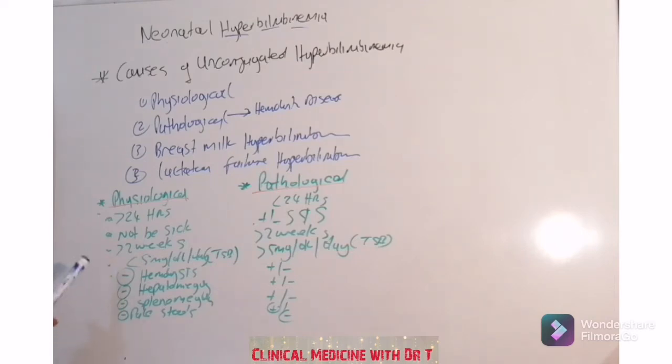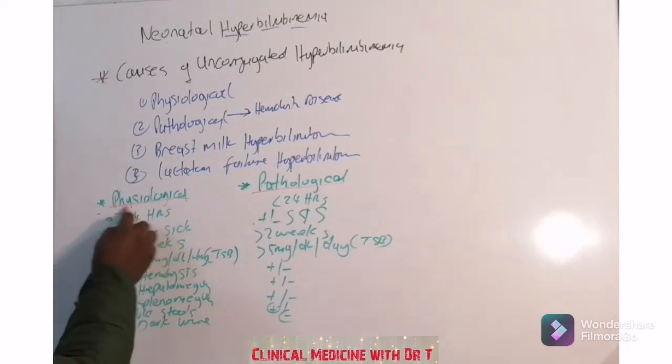Once you've got dark urine, then it's no longer physiological jaundice. No dark urine. So there are other things that I looked at, guys, but the most important things I have covered. I think this is very important: you shouldn't have jaundice in the first 24 hours of life.